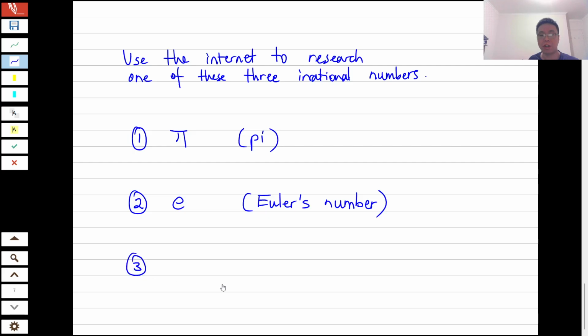And the third irrational number that you can look at, it's a Greek letter, just like pi. It's written a bit like this. You should look up what's called phi, or the golden ratio.